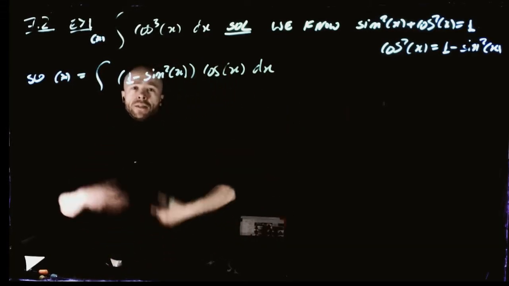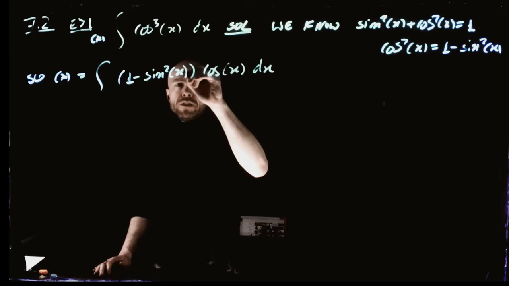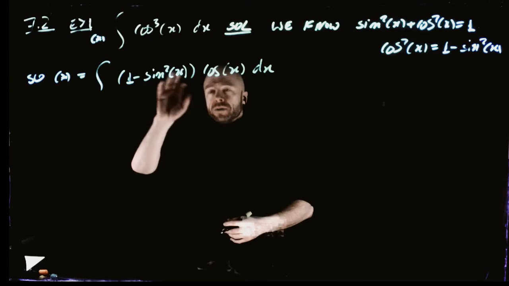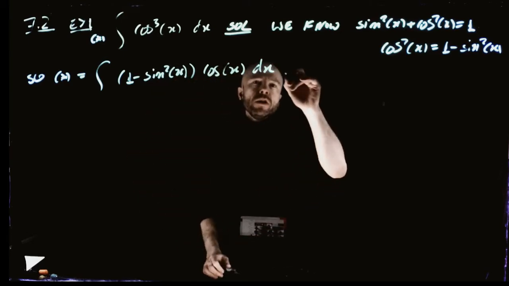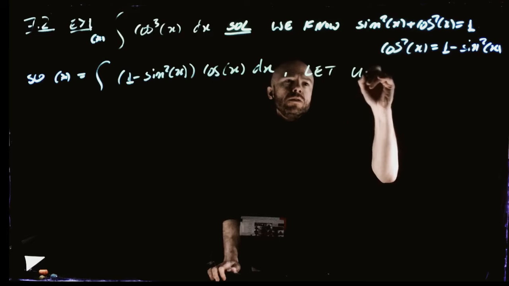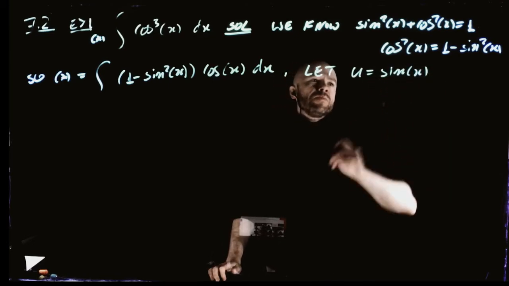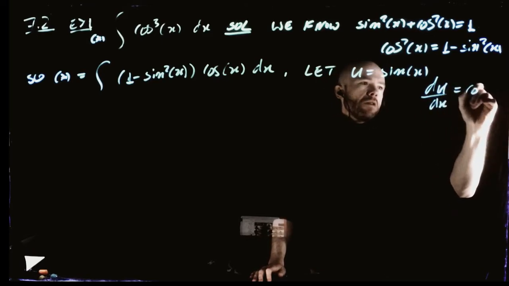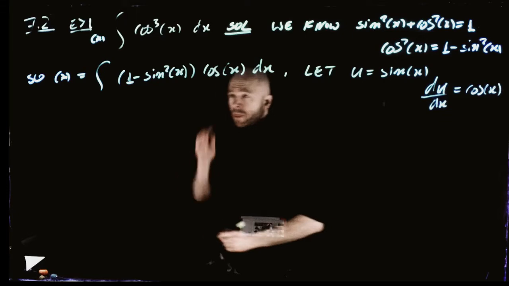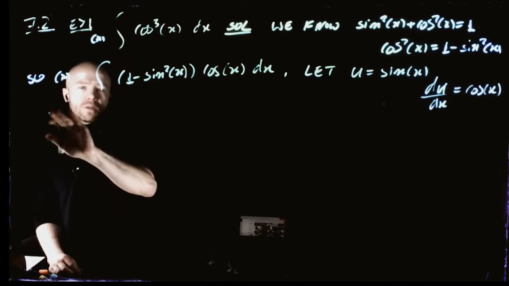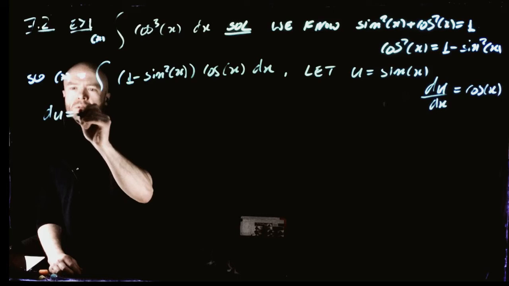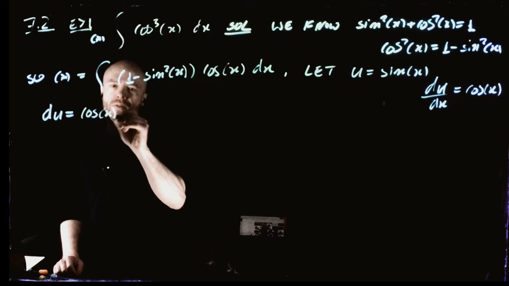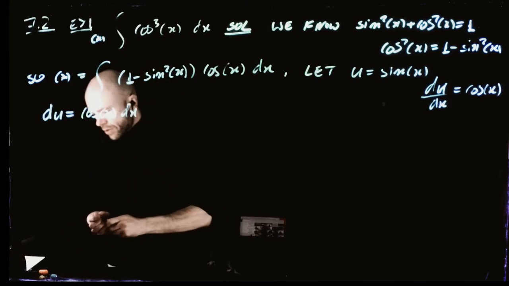Now this is something we can actually do something with, because integration by parts isn't going to help, but u sub actually will. If we let u be sine of x, then du by dx is cosine of x, and therefore du is equal to cosine of x dx, which is this structure right here.